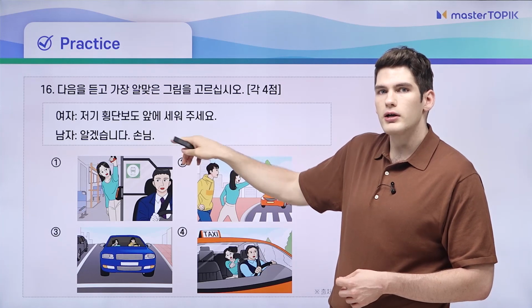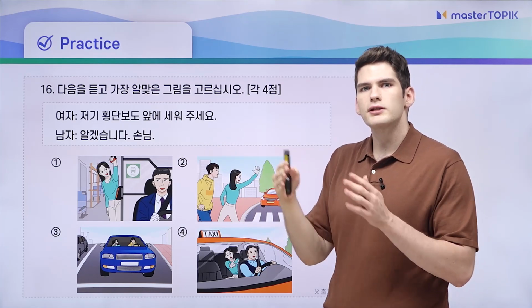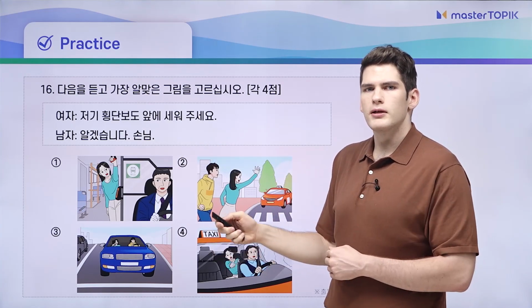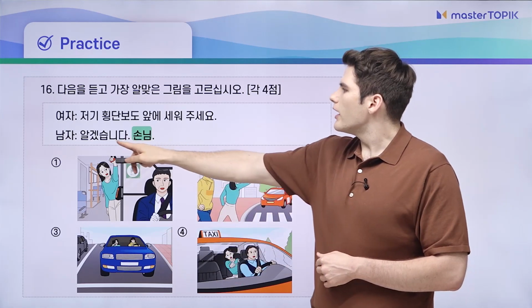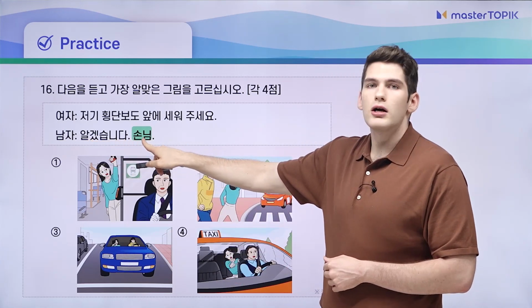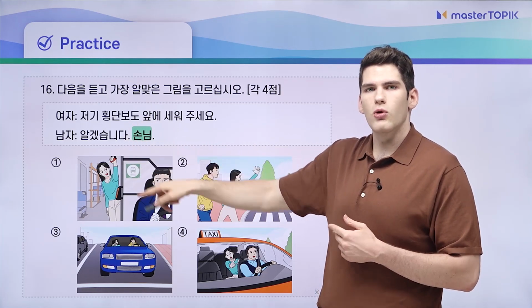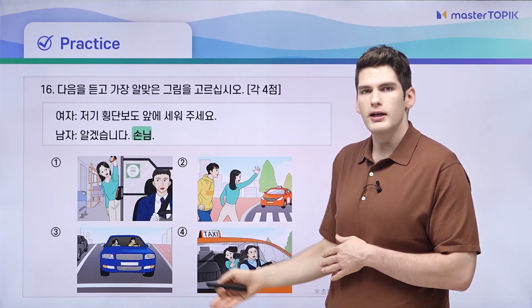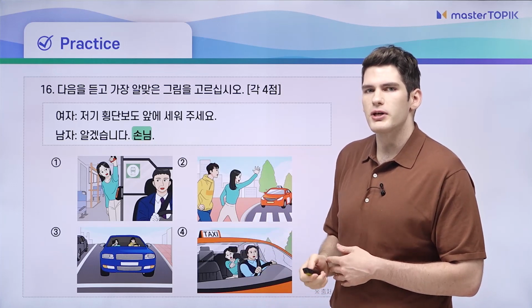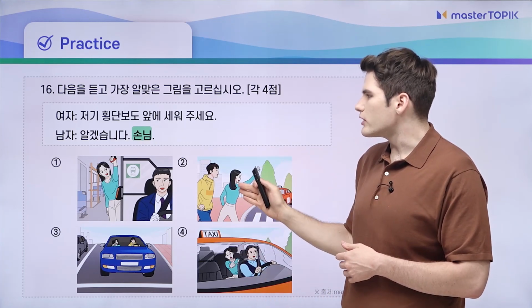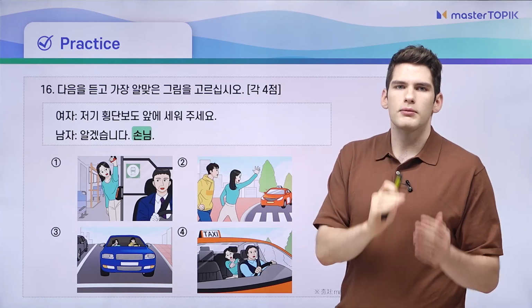Stop the car. 세워주다. 차를 세우다. Stop a car. Right? And then the guy says, 알겠습니다. 손님. Excuse me. A customer, or in this case, a passenger, right? So we know that the relationship is going to be a driver and a passenger.